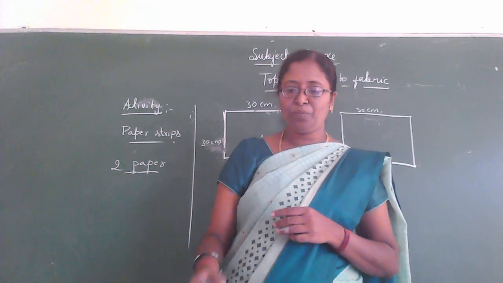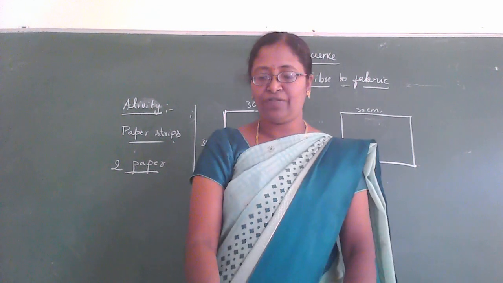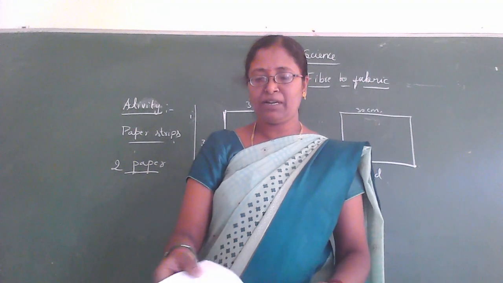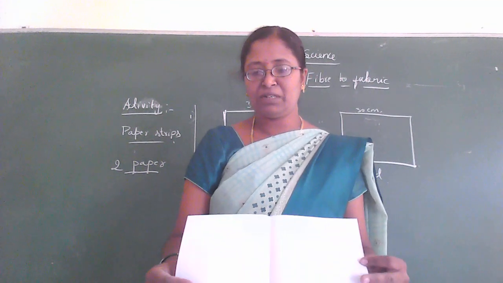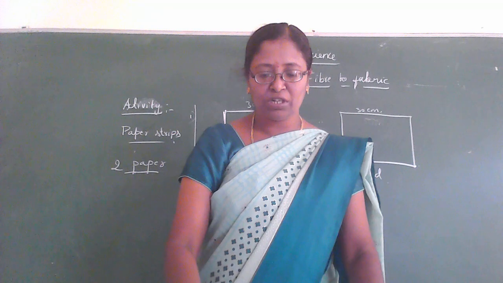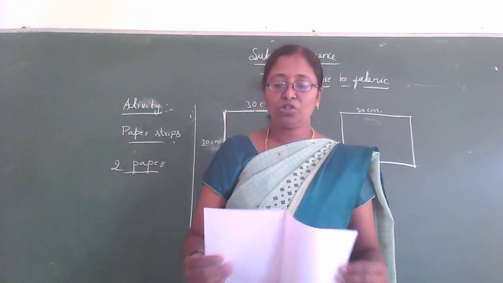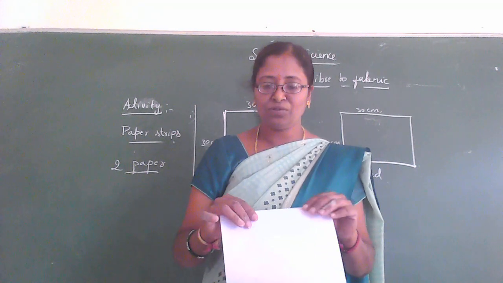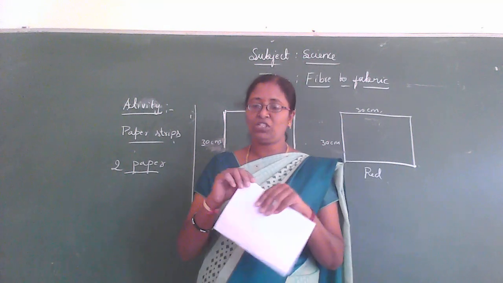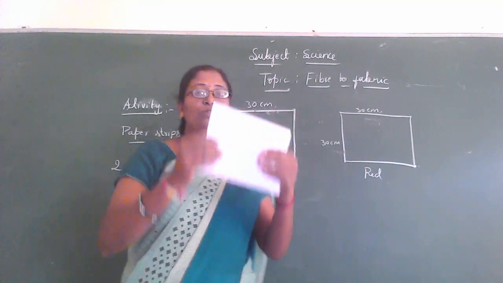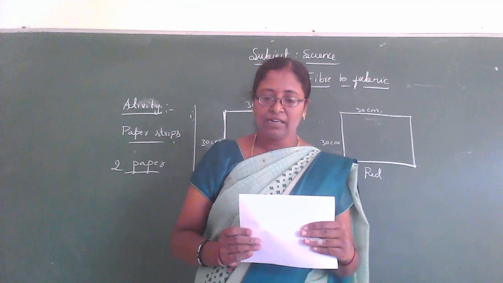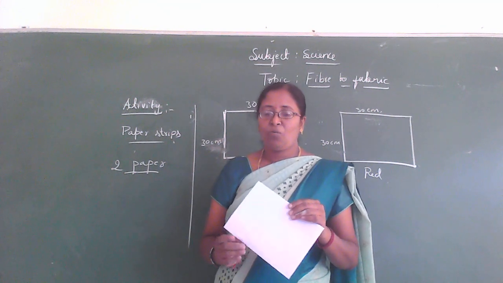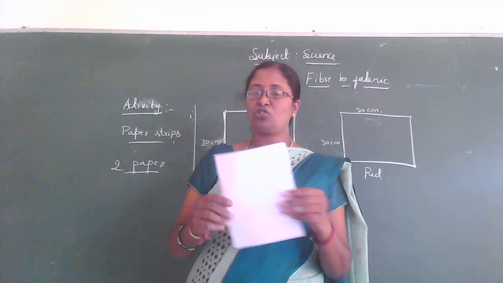So now fold both the sheets into half. Here I am taking one paper, but it is not 30 centimeter. I just want to show it. So it should be folded like this. So now fold both the sheets like this, and then on one sheet draw the line.